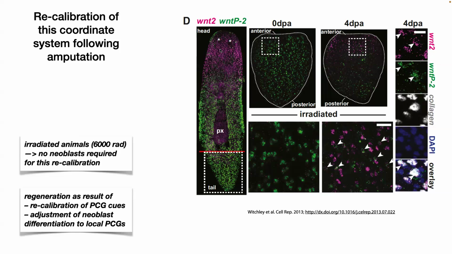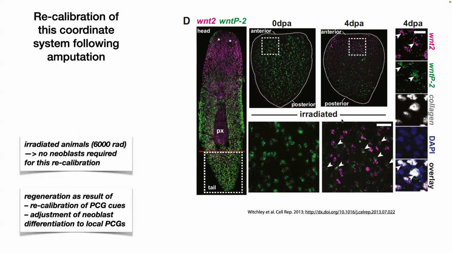And so this very clearly shows that there is, in fact, a recalibration of this subepidermal position control gene set. And this recalibration then likely is the first step, after which the proliferative neoblasts can be positioned, well, they can receive the positional identity accordingly.